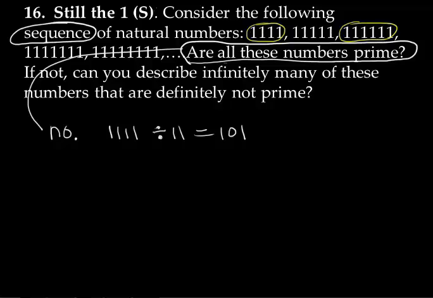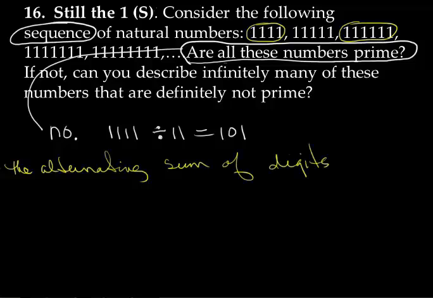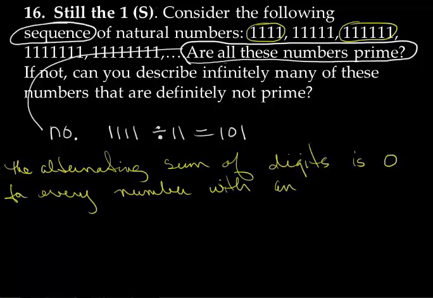Let's see, how could I write this the best way? The alternating sum of digits is 0 for every number with an even number of digits.